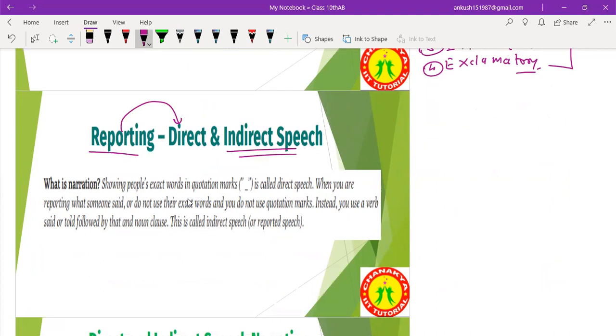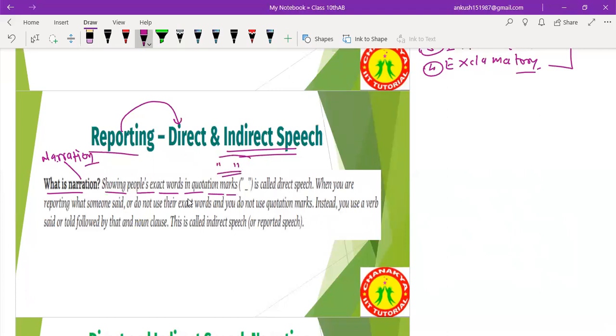Direct and indirect speech is also called narration. Direct speech shows people's exact words in quotation marks, double inverted commas.